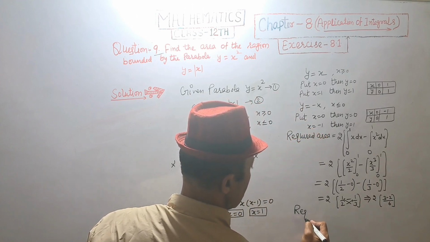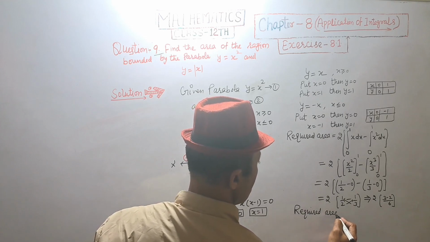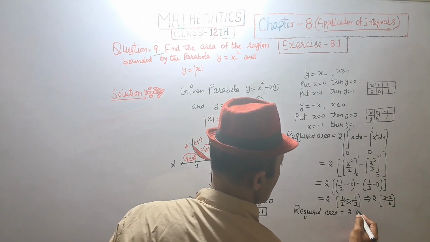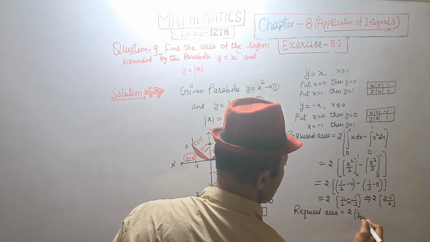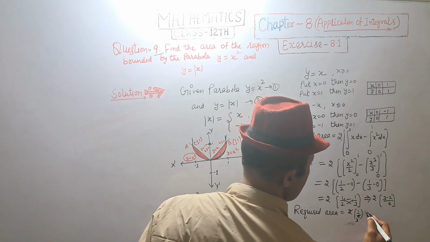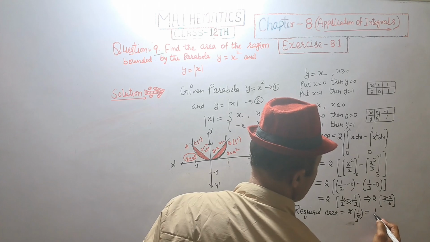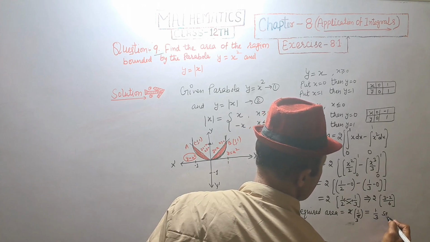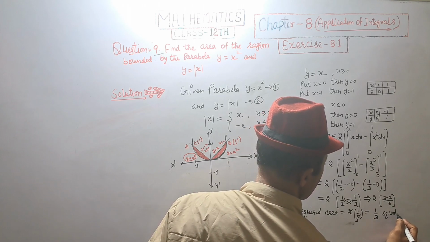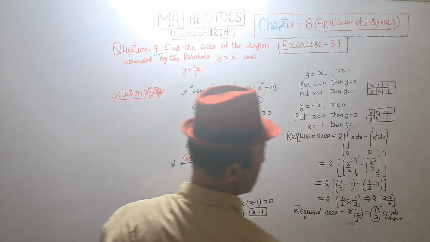Required area is equal to 2 into 1 upon 6, which is 1 upon 3 square units. Answer.